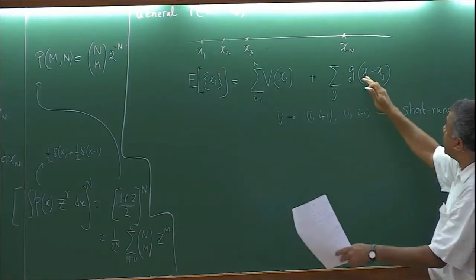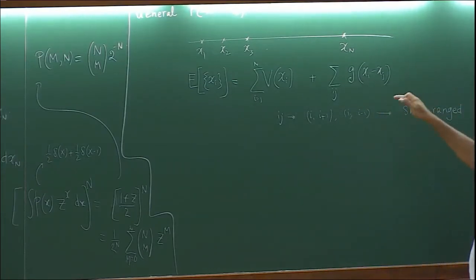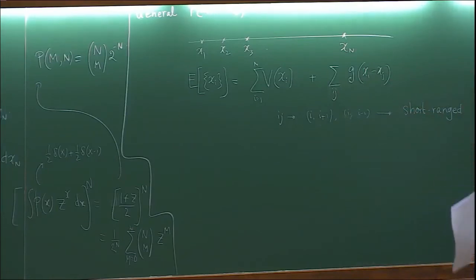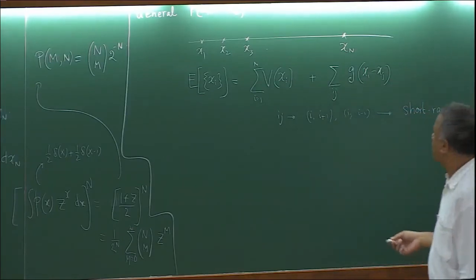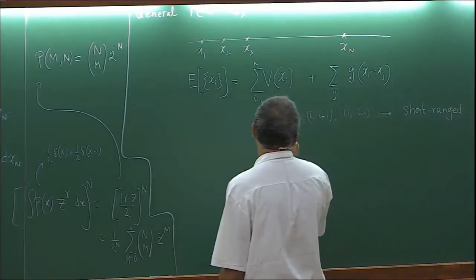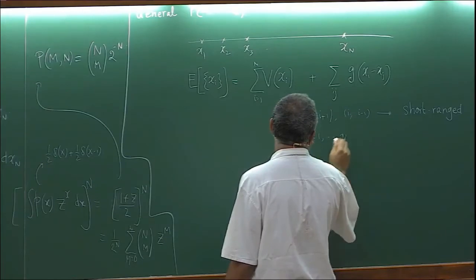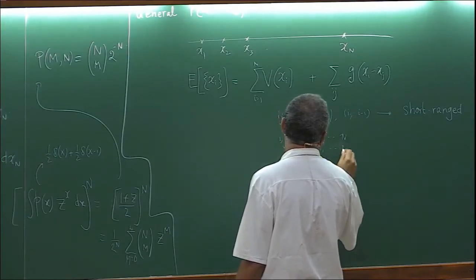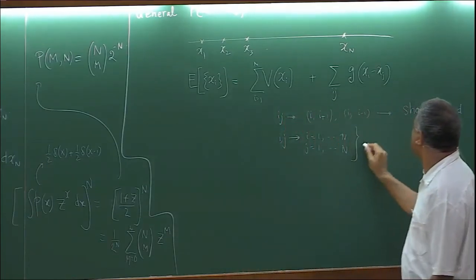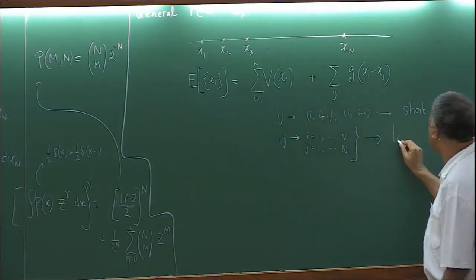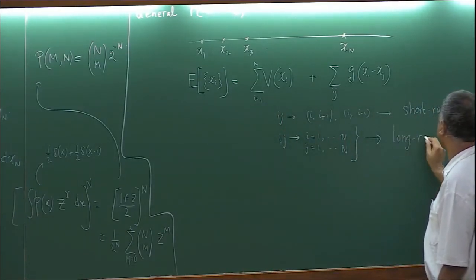You can have a range of interaction which just goes up to, let's say, fifth neighbor or something. Then it's a short-range interaction. On the other hand, if ij extends over all, i goes from 1 to n, and j goes from 1 to n, then this is like a mean field model, totally long-range interaction. Everybody is interacting with everybody.